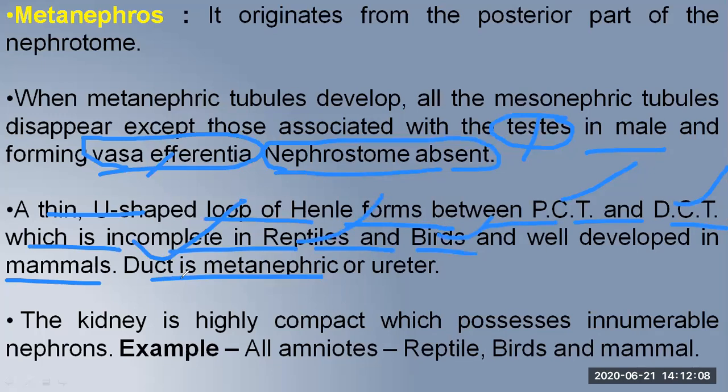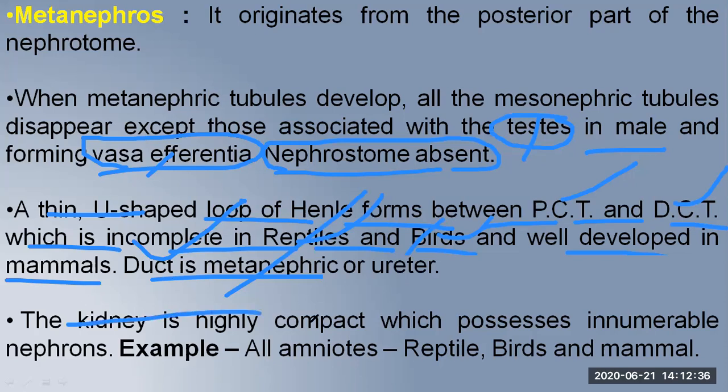But in the case of the mammals it is well developed, and it is responsible for the filtration of the urine. It is also involved in the conservation of water. This is the important role of the loop of Henle. And similarly, like pronephric and mesonephric ducts, here it is also called the metanephric duct or simply ureter.